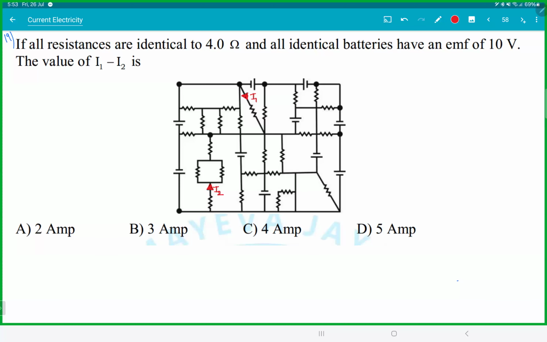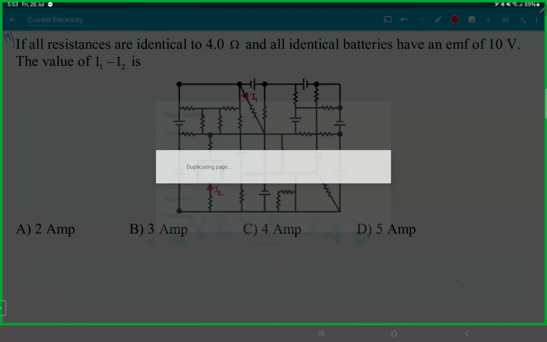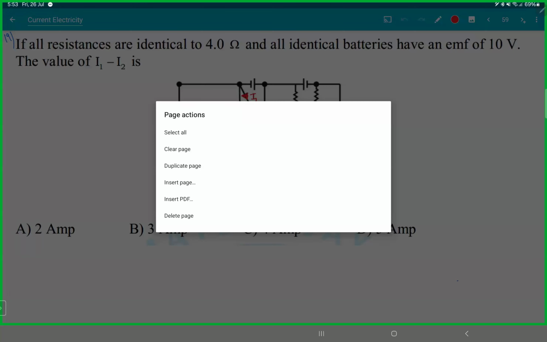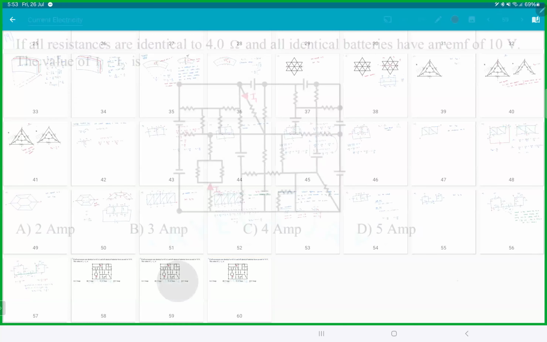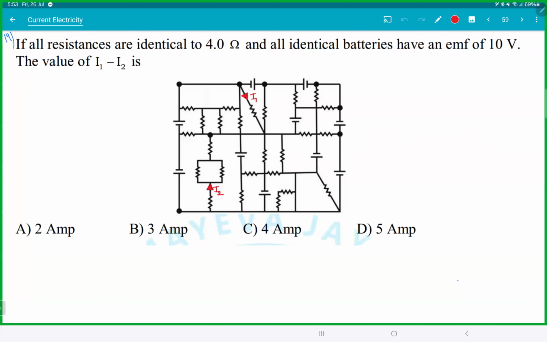Let's see. So first let's find I1. I will go like this. There, that is the loop.